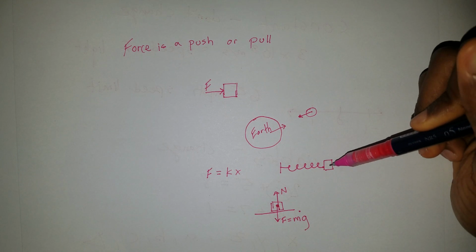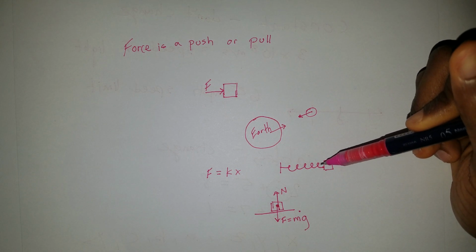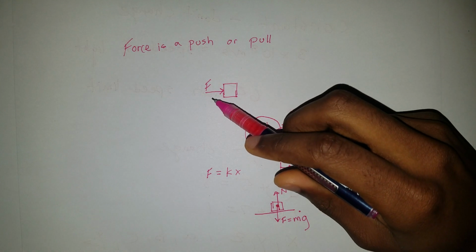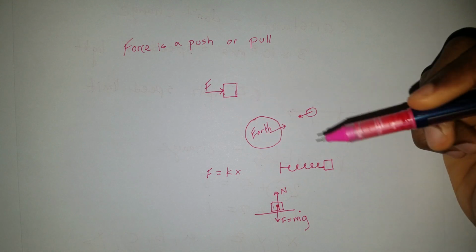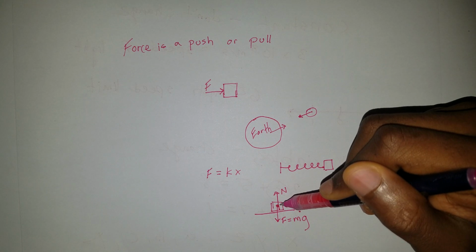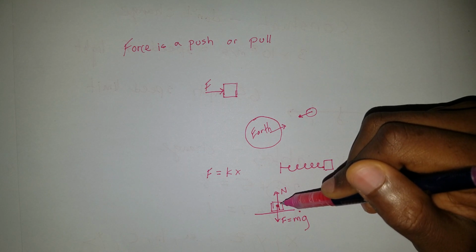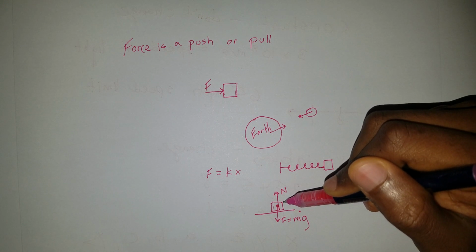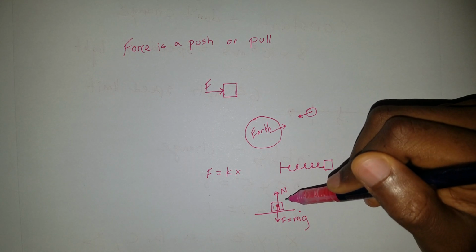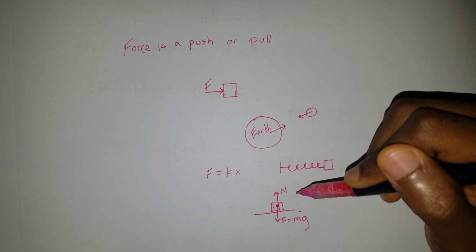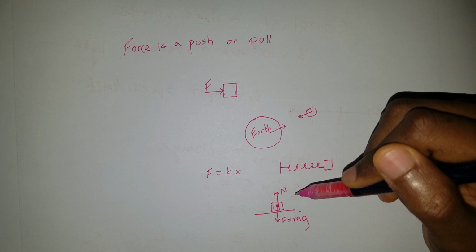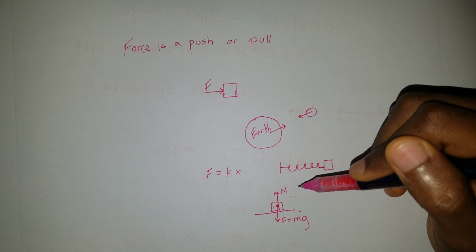I only looked at one box that was attached to the spring. I only looked at one force that was applied to this box. And here, in this case, I simplified the person and made them a box. In each case, I'm looking at one box for one person and analyzing the forces on that object.